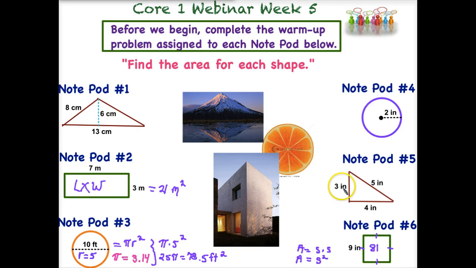Okay, so here we have length times height divided by 2. The key, there's a difference though between Notepad 1 and Notepad 5. So Miss Scritchfield did this correct. She did length times the width, and then she divided it by 2. So she did 3 times 4 to get 12, divided that by 2 to get 6 inches squared.